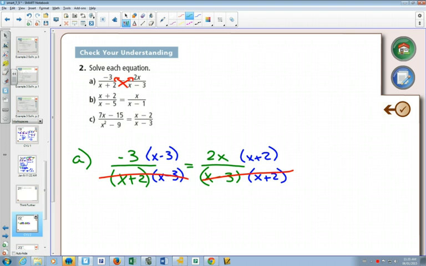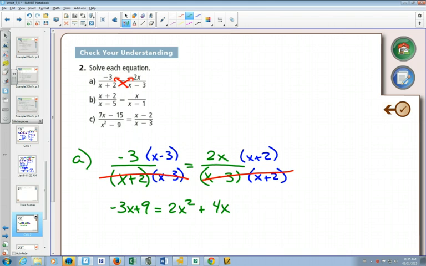And now when we multiply through, we're going to get negative 3x plus 9 equals 2x squared plus 4x. And so what happens in all of these questions, this is really where math is building on each other, right?